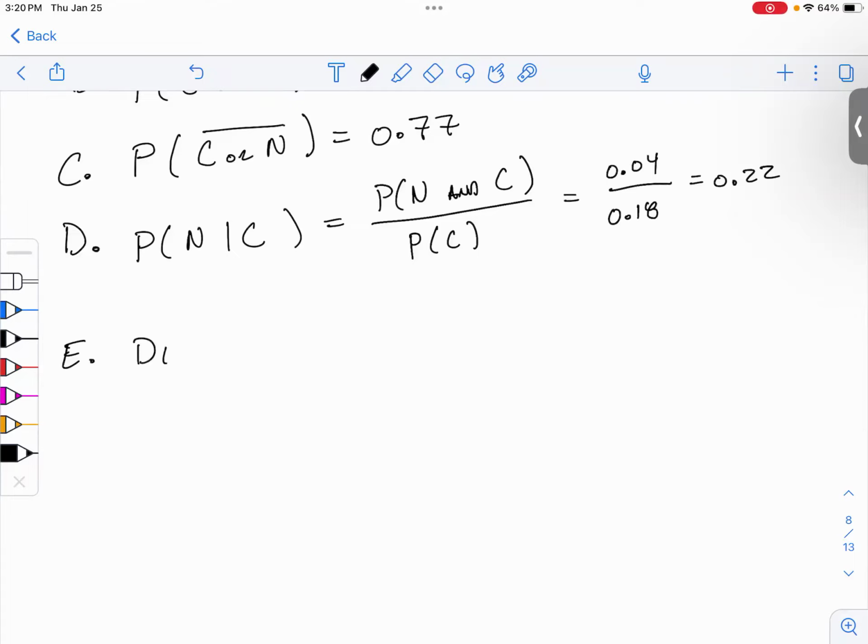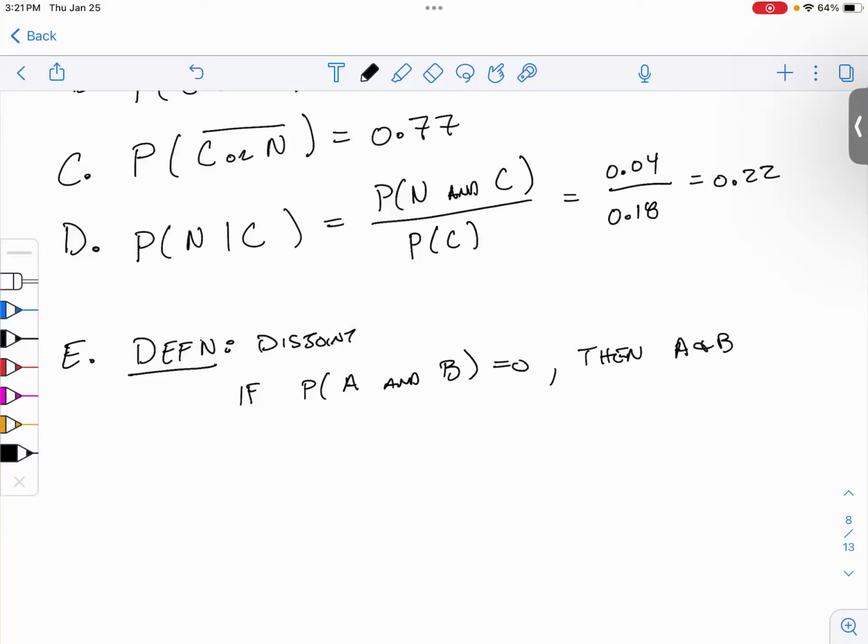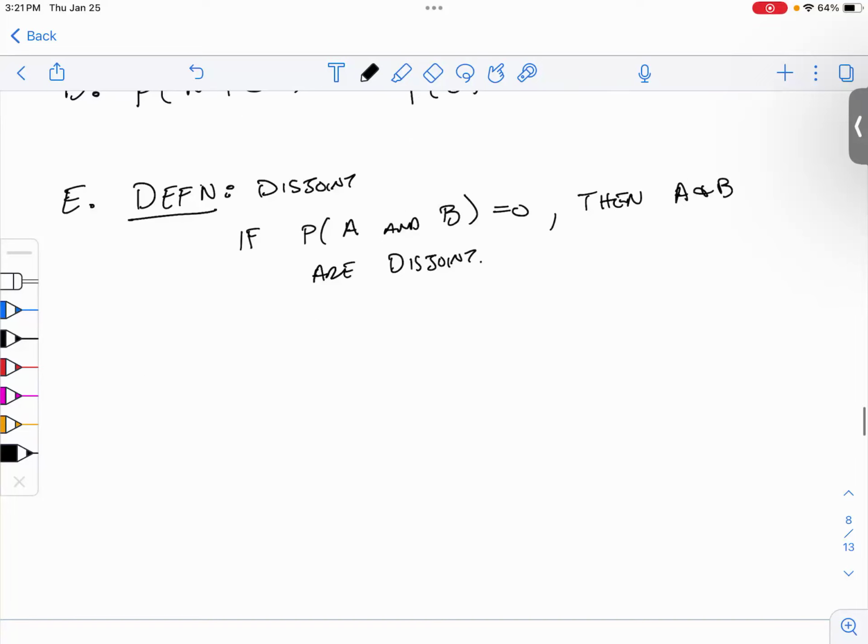So one more time, let's do the definition. The definition of disjoint is pretty straightforward. If the probability of A and B equals 0, then A and B are disjoint. So basically, all we have to do is put that into context.